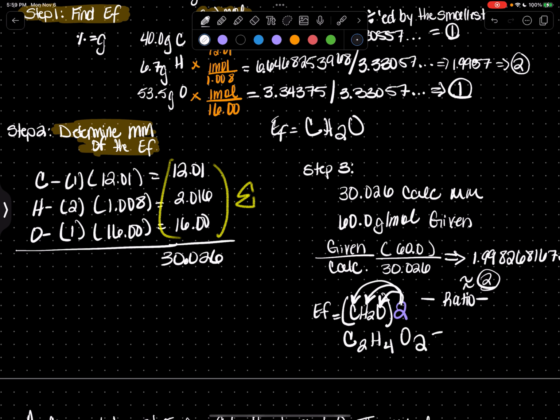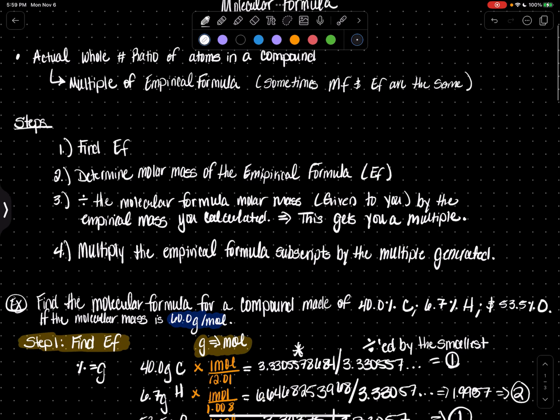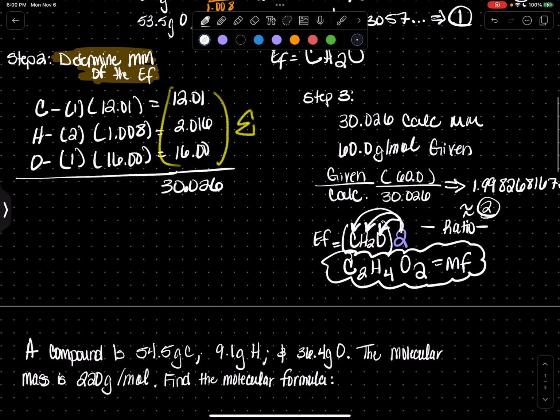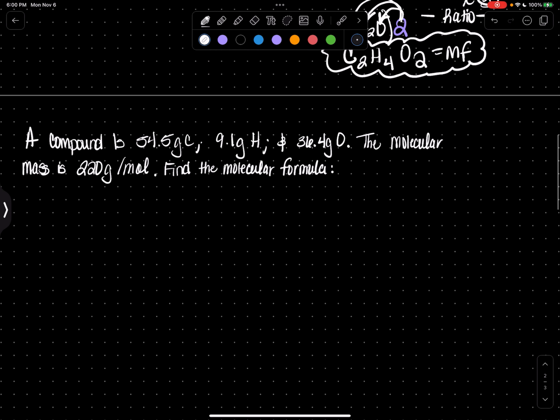That is the molecular formula. All right. Easy, breezy, beautiful. So you've got to make sure you're really confident in those empirical formula skills, and then you're adding some more details to that. You're just taking what's given to you, divided by what you've calculated, and then sending that through your entire empirical formula. Let's work it again.